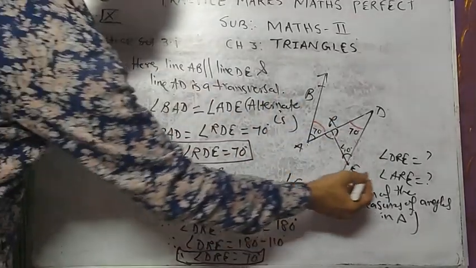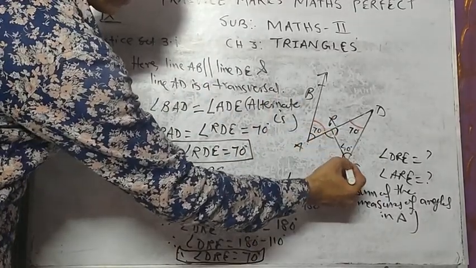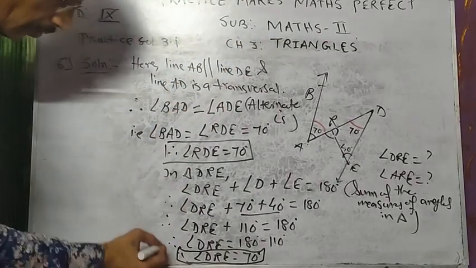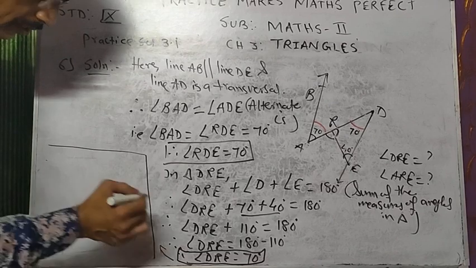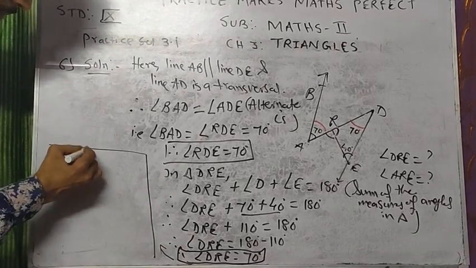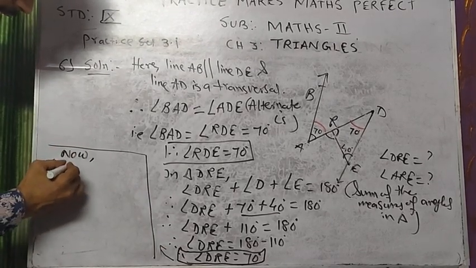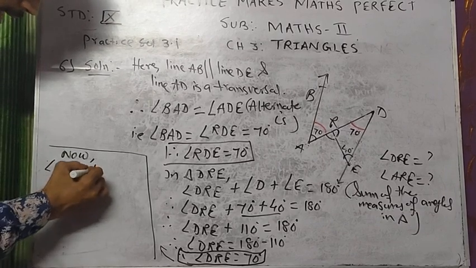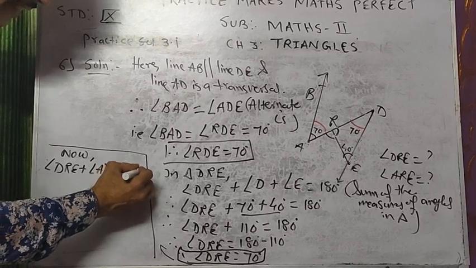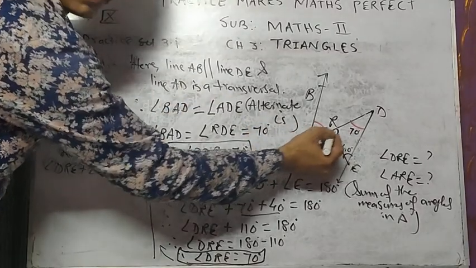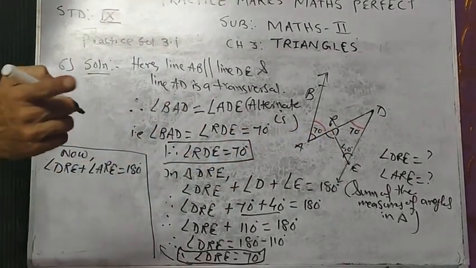Now you want the second answer, ARE. So now I am writing here. After this you have to continue. Now angle DRE plus angle ARE is equal to 180 degrees. You might be knowing this very well. They form a linear pair.